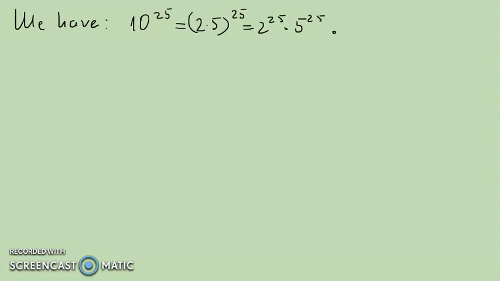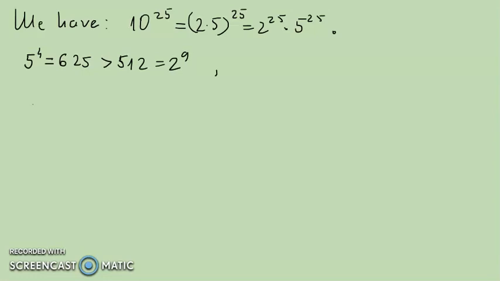Realize that 5^4 is equal to 625, which is greater than, I'm looking for a power of 2, 512, which is 2^9.